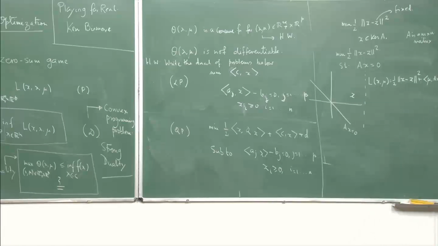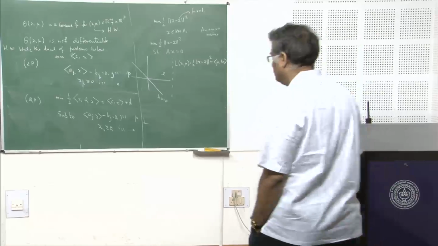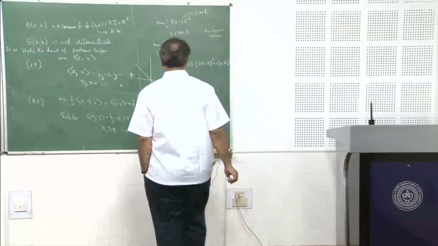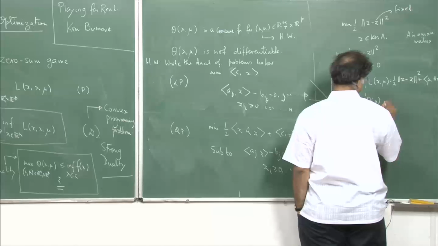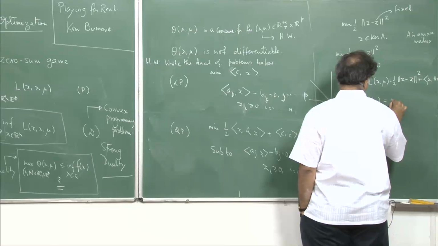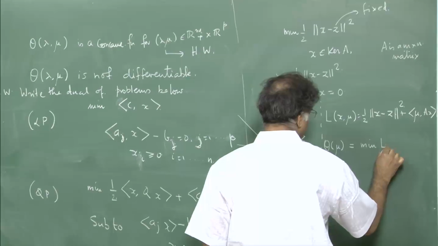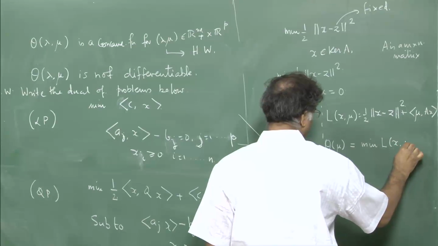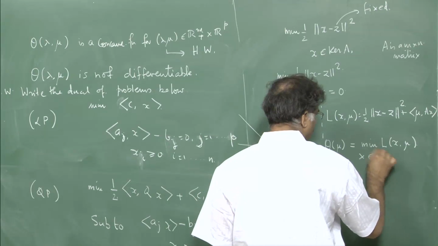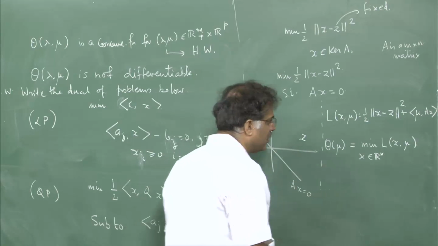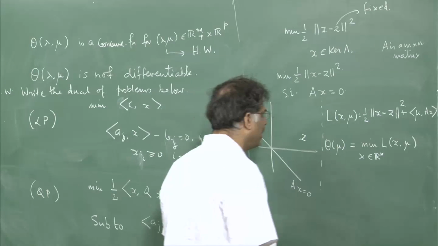So, now if I want to find the dual problem, I want to construct theta mu. Which means that I need to minimize L x mu over x element of Rn. But this is a convex optimization problem.